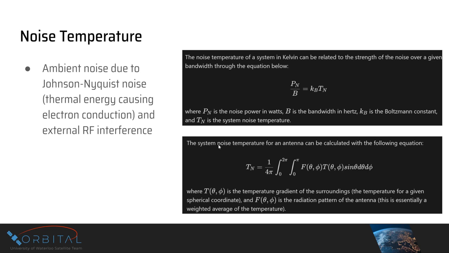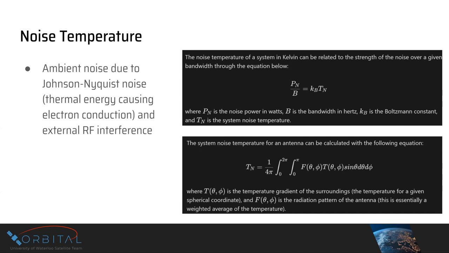The next important thing to understand is noise temperature. Noise temperature is a little bit of a complicated concept when you first try to wrap your head around it. But essentially, it's a combination of noise caused by thermal energy within an environment and external radio interference from your surroundings. It combines those two sources of noise and characterizes it with a temperature value, which at first doesn't make a whole lot of sense.